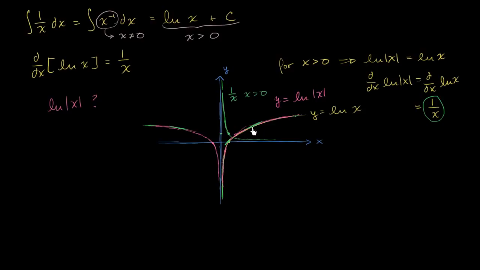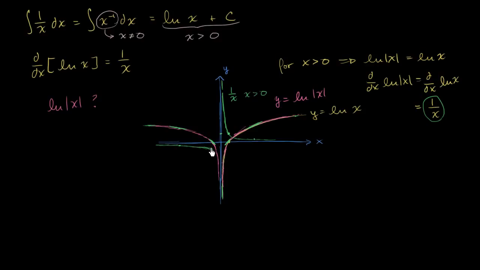Right over here, the slope is a positive 1. Over here, it's going to be a negative 1. And then as we get closer and closer to 0, it's just going to get more and more negative. So the derivative of the natural log of the absolute value of x for x less than 0 looks something like this.